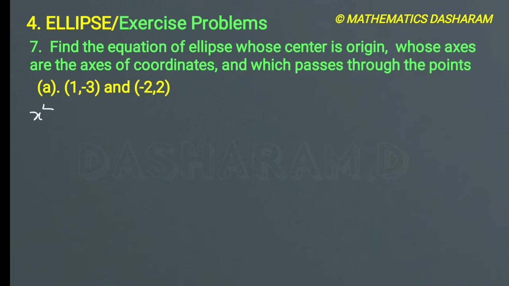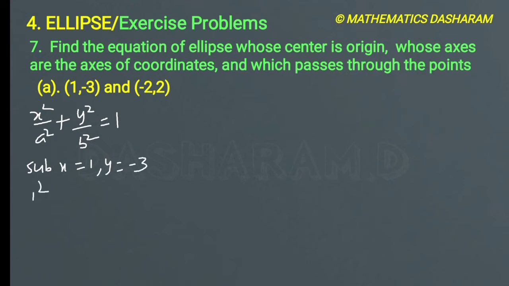So the standard form of an ellipse is x²/a² + y²/b² = 1. Since it passes through (1, -3), substitute x = 1, y = -3. Then 1²/a² plus (-3)²/b² equals 1. So 1/a² + 9/b² = 1.